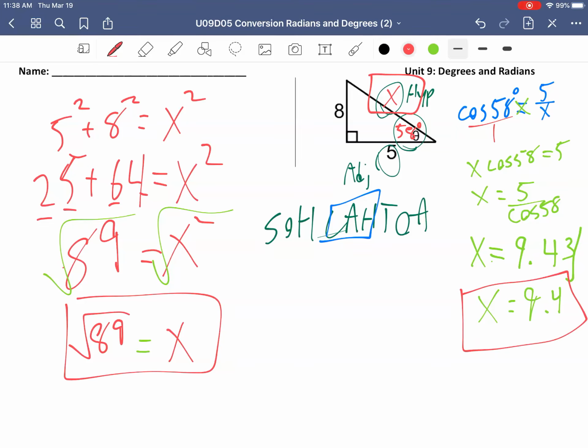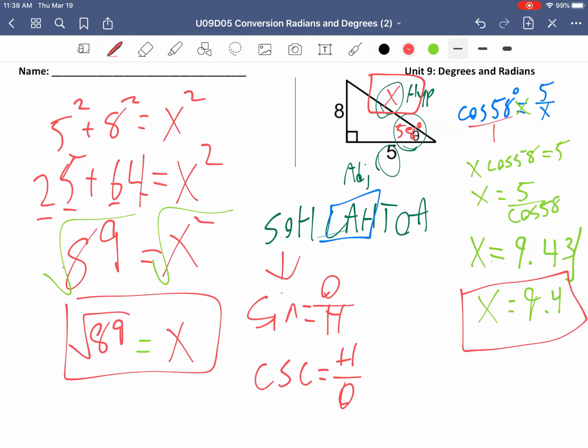Now, if we're asked for cosecant, we know cosecant is the reciprocal of sine, so sine is opposite over hypotenuse. That means cosecant, which is the reciprocal, should be equal to hypotenuse over opposite.